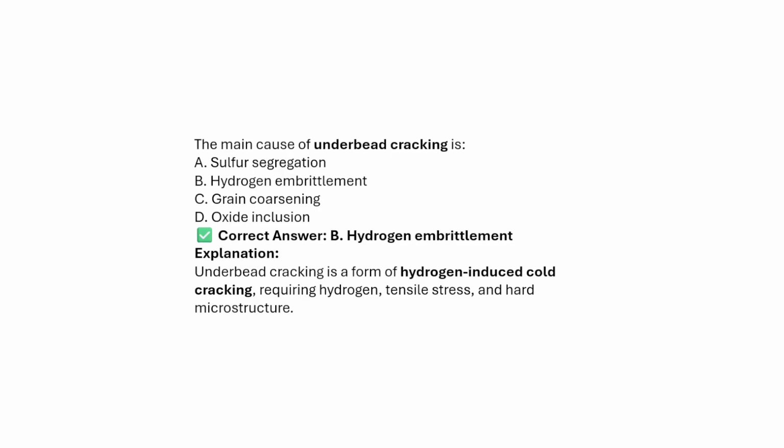Next, the main cause of underbead cracking: sulfur segregation, hydrogen embrittlement, grain coarsening, or oxidation inclusion? The answer will be hydrogen embrittlement. Underbead cracking is a form of hydrogen-induced cold cracking requiring hydrogen, tensile stresses, and a hard microstructure. Here we get the hard microstructure from the martensitic phase.